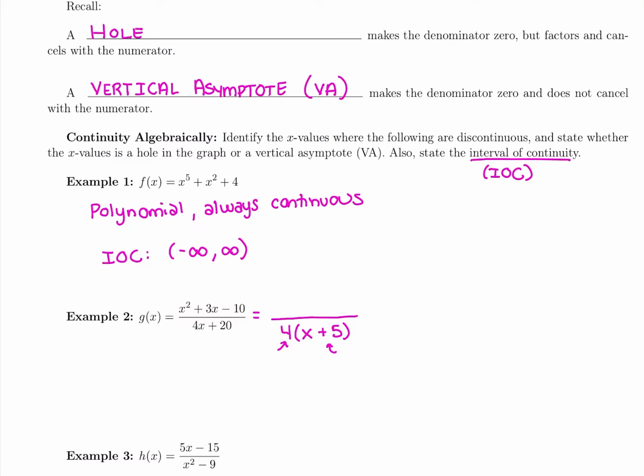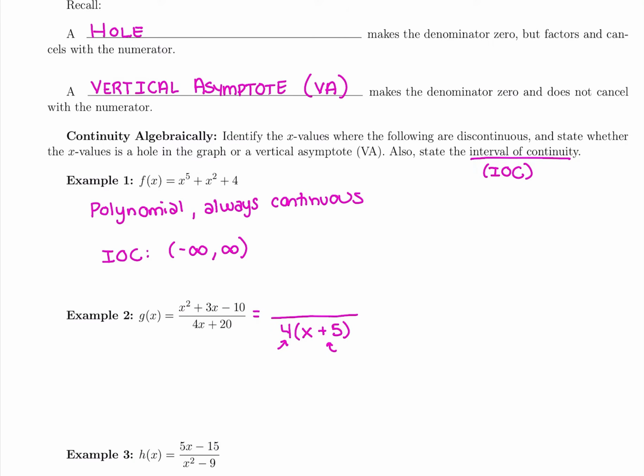Well, two things would only multiply to be 0 as long as at least one of them is 0, right? 2 times 8 is not 0 because neither of those factors are 0. So we want to figure out what would make 4 equal 0. Well, 4 is always 4. Can't make that 0. But what would make x plus 5 equal 0? You could subtract 5 from both sides and see that if x was negative 5, we would be dividing by 0, right?